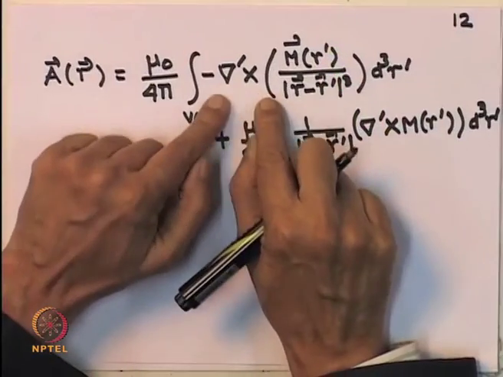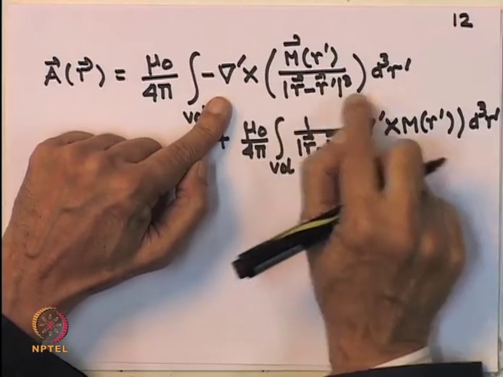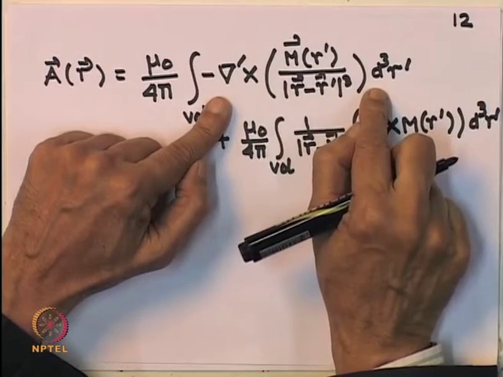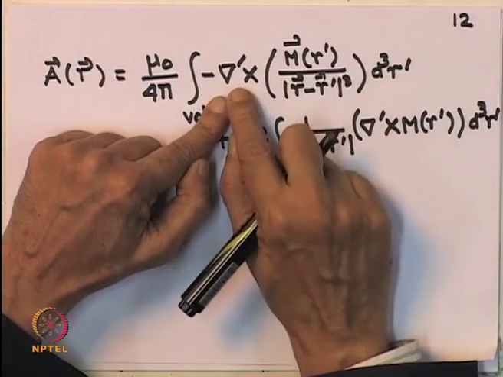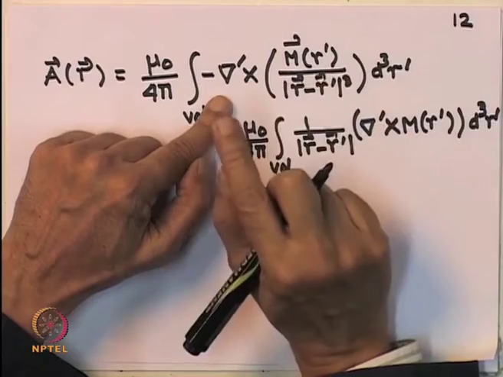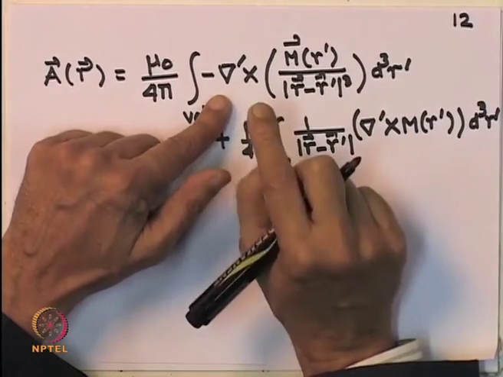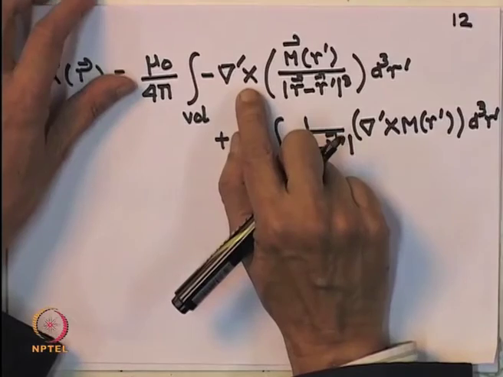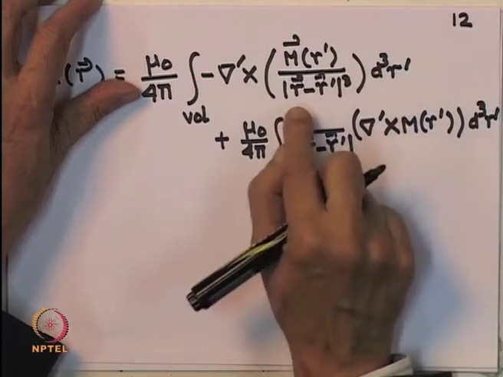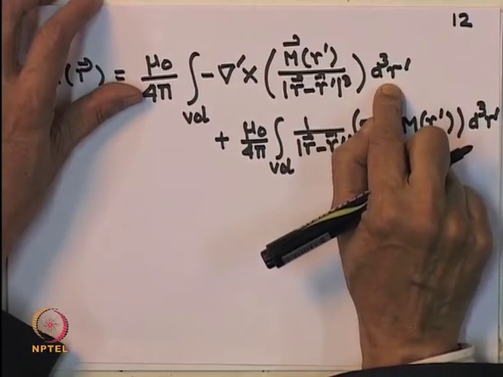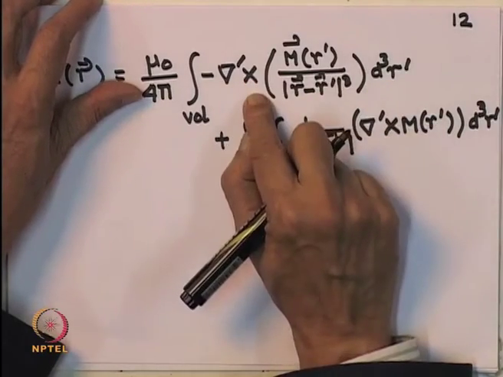Now, let us look at this. How do I simplify this? Firstly, you notice this expression here, del prime cross this quantity, d cube r prime. Now, by an argument very similar to what we had in the case of Stokes theorem, excepting that Stokes theorem usually was used to reduce the surface integral of a curl to a line integral. In this case, because it is a volume integral, we will reduce it only to a surface integral.